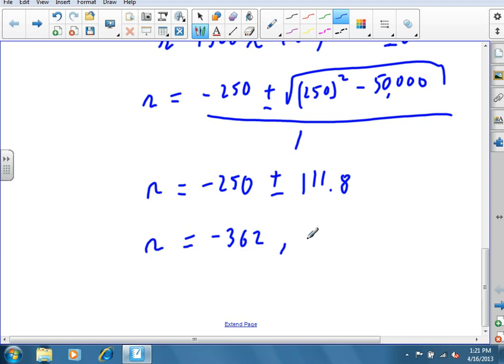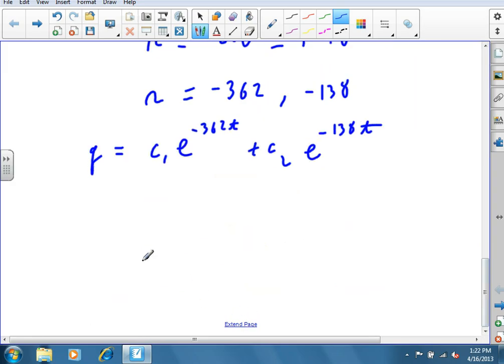So Q is going to equal C1 e to the minus 362t plus C2 e to the minus 138t.